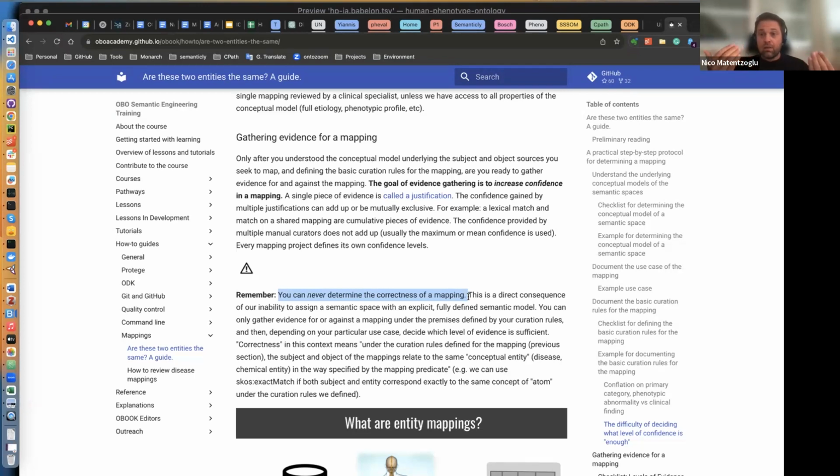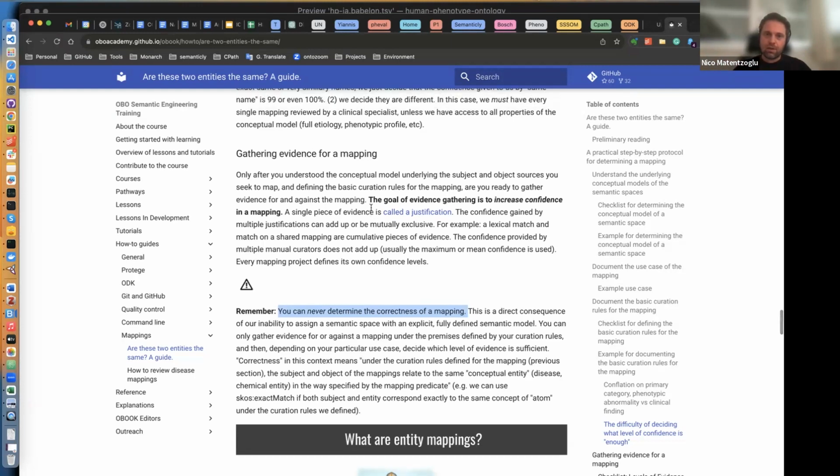But you can define levels of evidence that you accept for yourself to say, this makes my mapping okay, or this makes it good enough for my particular use case. And so the goal of this evidence gathering process is basically to increase your own confidence in the mapping.